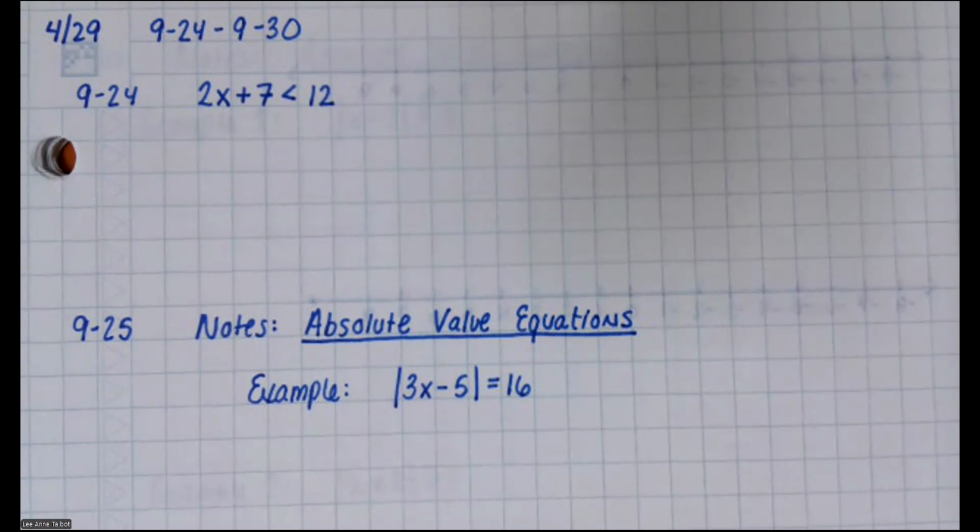Okay, so here are your instructions. I would like you to first write this down, and then I would like you to solve number 24 on your own. So this is what we've been doing the last few days with the four steps, with the number line. You know what to do? Okay, so first thing you're gonna do is write this stuff, and then you're gonna do number 24 on your own or with your group, either way.